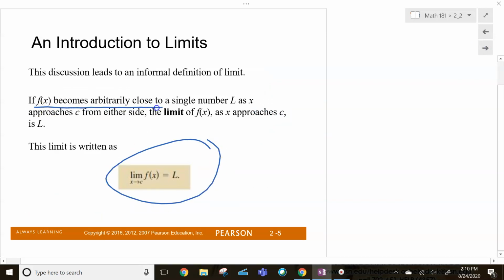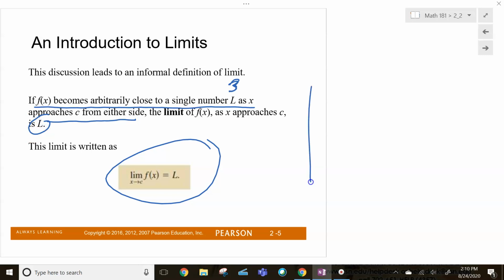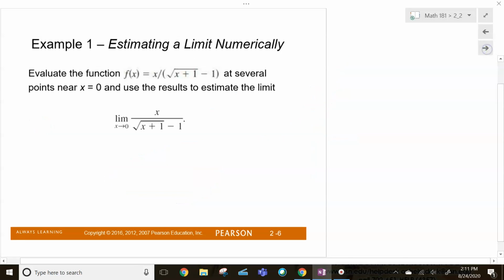If a function becomes arbitrarily close to a single number, in this case 3, a y value of 3, as x approaches from either side, then that limit is 3. If we are getting arbitrarily closer and closer to 3, we say that's our limit. All right, here's another one.